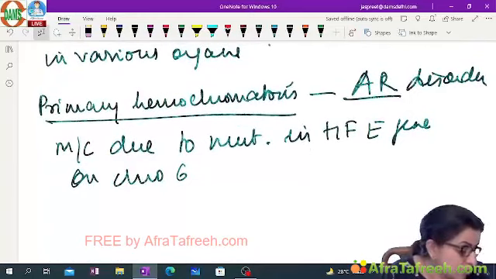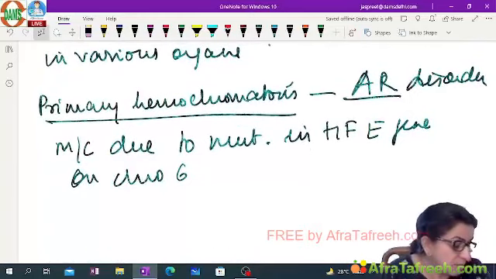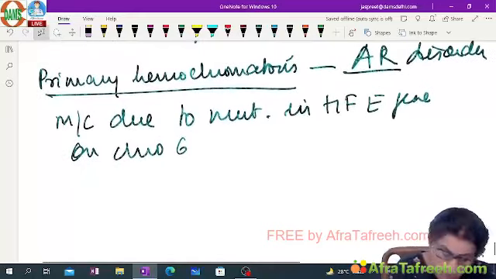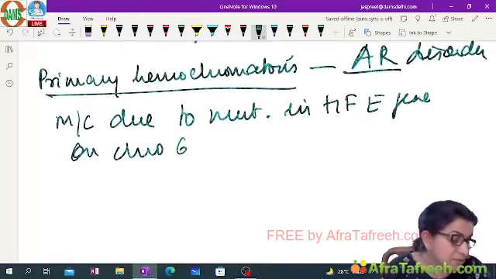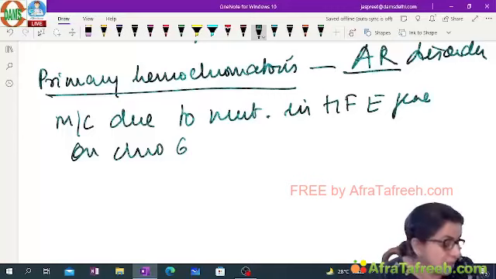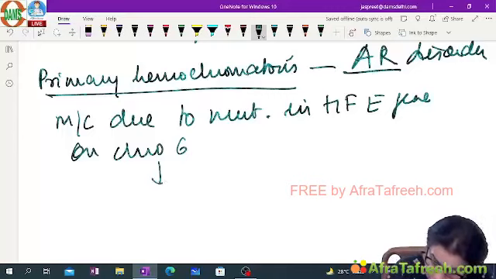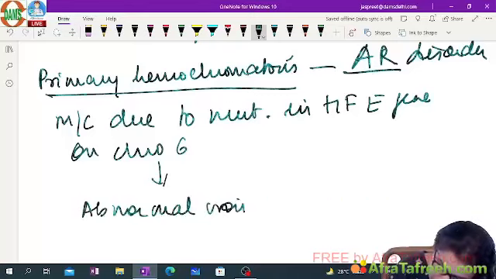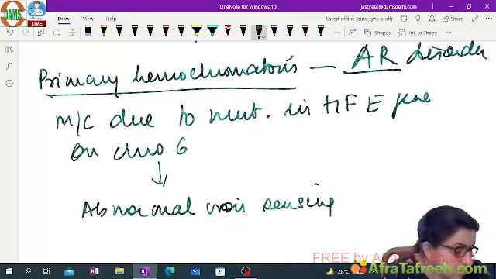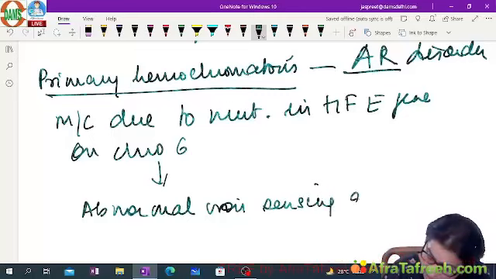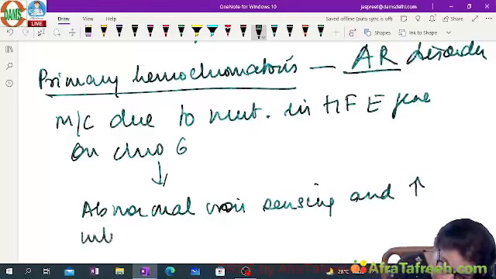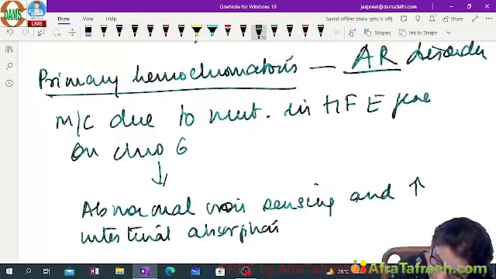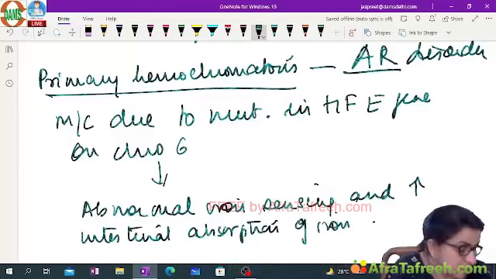As a result of this mutation, there is abnormal iron sensing and increased intestinal absorption of iron.